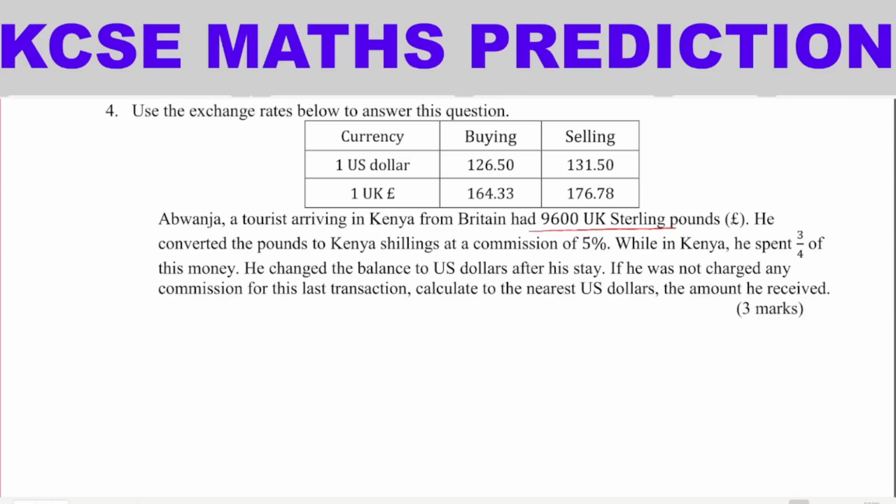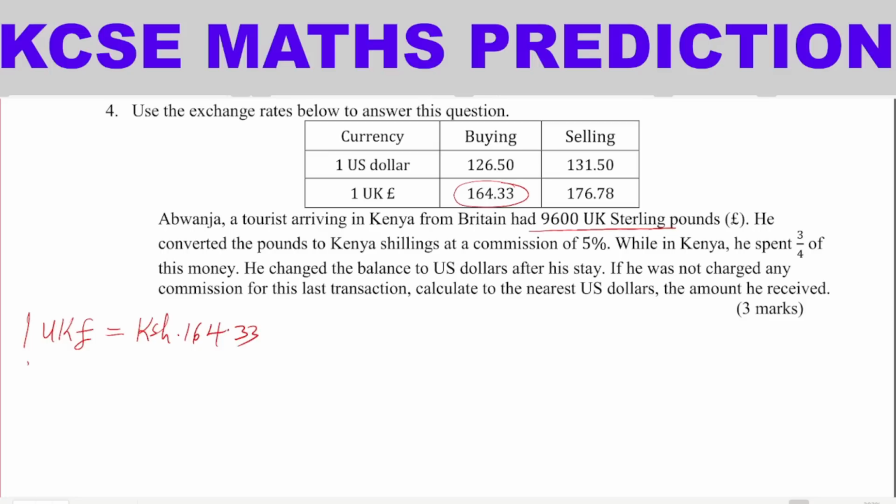So every time you're converting foreign money to Kenyan money, you're going to use the buy. So you're going to use this buy, that is 164.33. So therefore, 1 UK pound buys Kenyan shillings 164 and 3 cents.